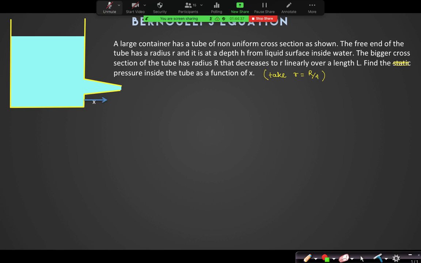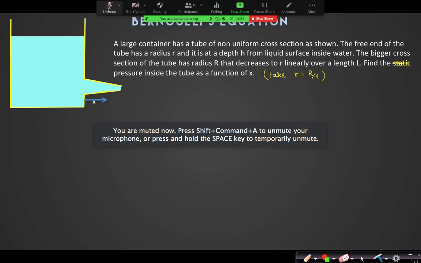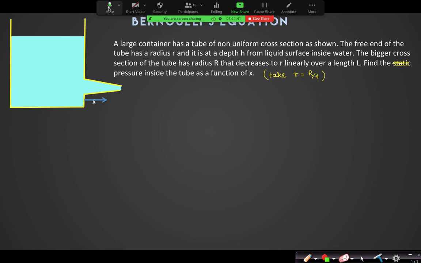Okay, how do I solve it? Have you got it?